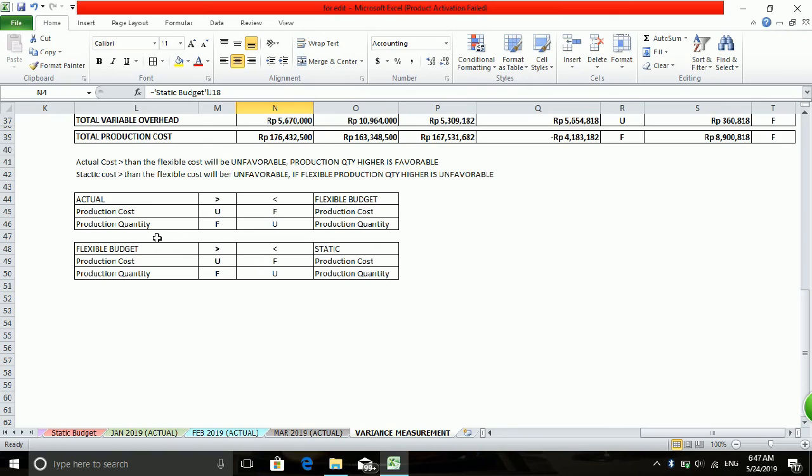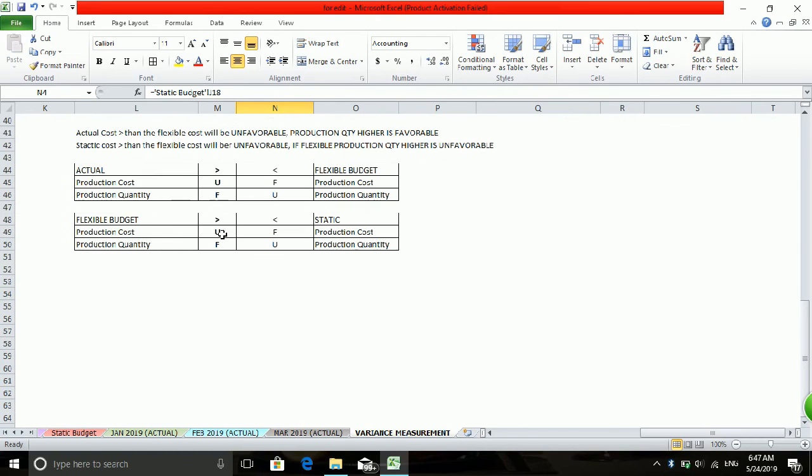If the production quantity of actual is bigger than the production quantity of the flexible budget, it is favorable. In the flexible, if the production cost is bigger than the static production cost, it is unfavorable. If the production quantity is bigger than the static production quantity, it is favorable.